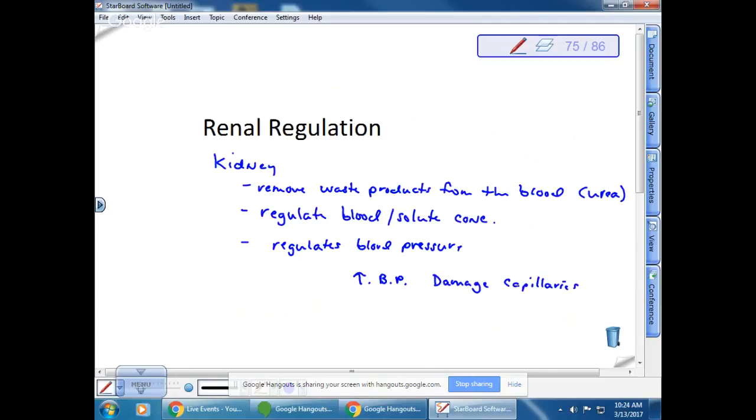Right? So you can actually get blood in your urine, and you could actually get kidney failure over time. If you blow out all the blood vessels in your kidneys and all the capillaries in your kidneys, then you're going to need a new kidney, right? So it can cause kidney failure. Okay. If it is too low, not enough filtration occurs.